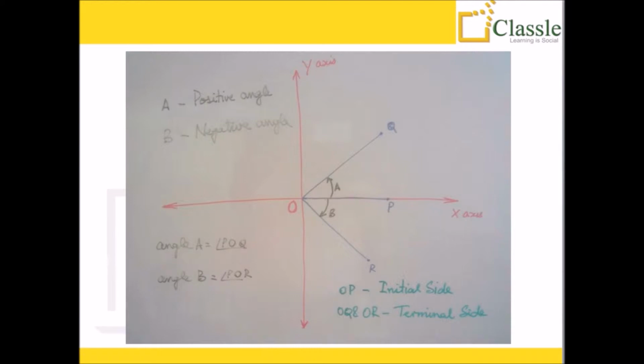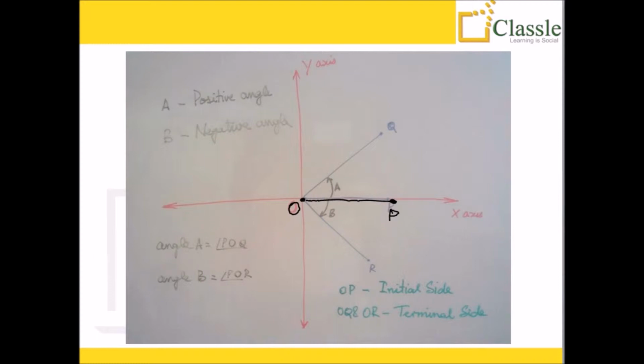So here is the x-axis and here is the y-axis, and here is the point of rotation O. The rotation is always with respect to this, and here is a line OP.